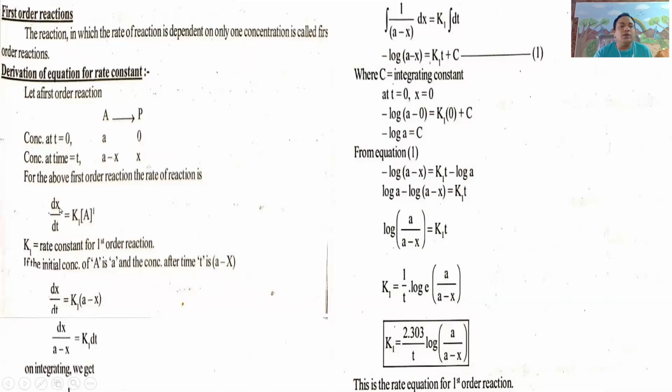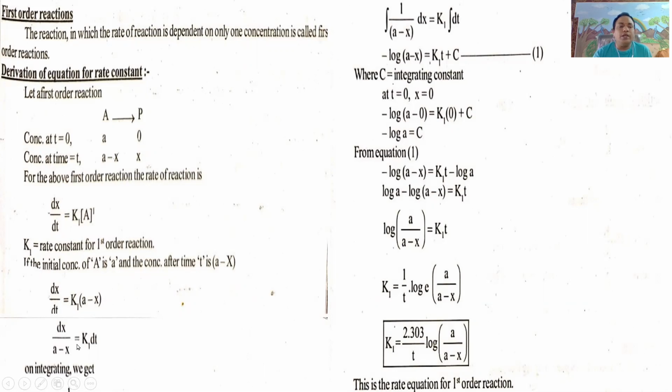Therefore, here the rate dx by dt is equal to K1 into a to the power of 1, where K1 is called the first order rate constant. a is the initial concentration; after t time it becomes a minus x. Therefore, the rate of reaction dx by dt equals K1 into a minus x.